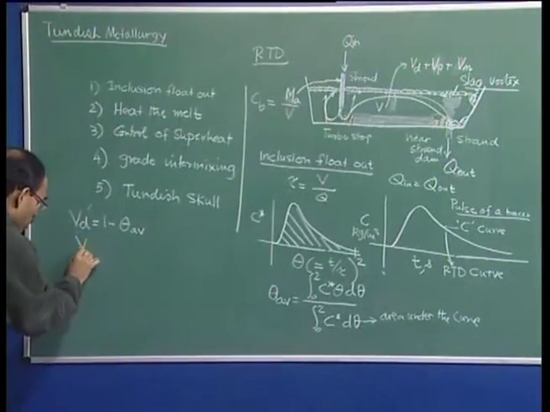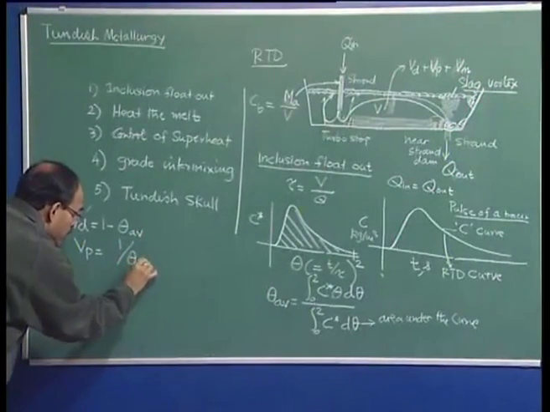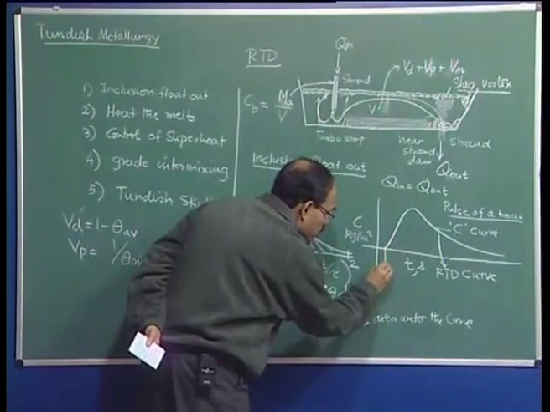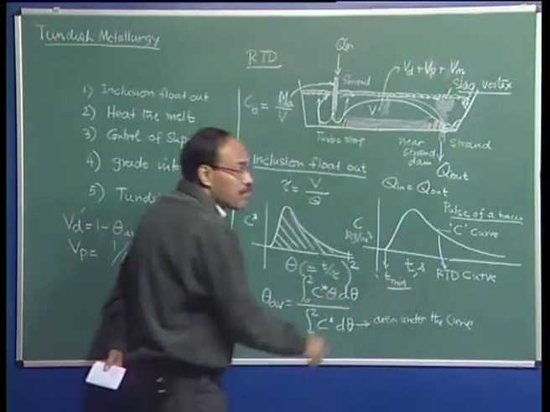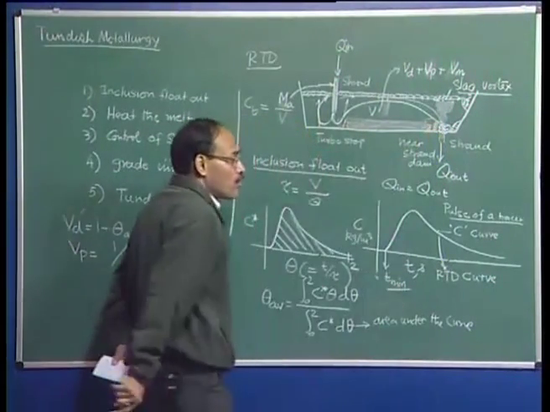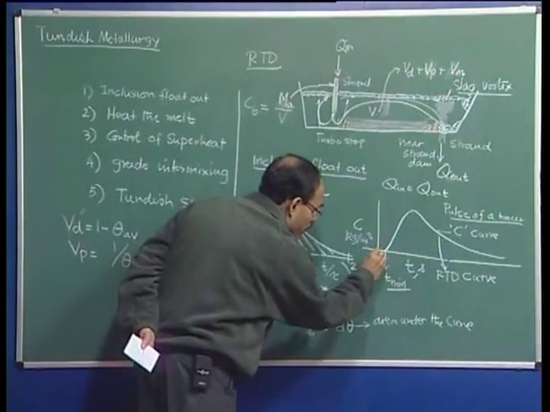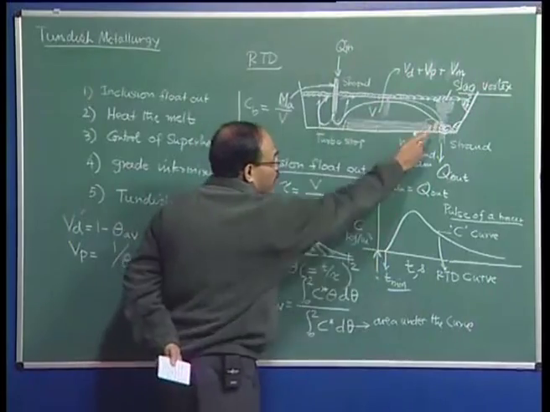You have Vp, the plug volume fraction, which is equal to theta minimum. And what is that theta minimum? It is the minimum time, or the first time the tracer is detected at this particular point following injection. So, this is the time at which I have injected the tracer, and this is the point when the tracer has been detected at the nozzle.